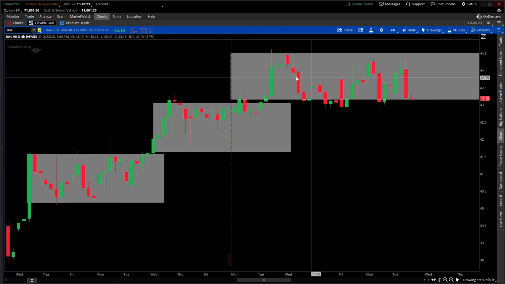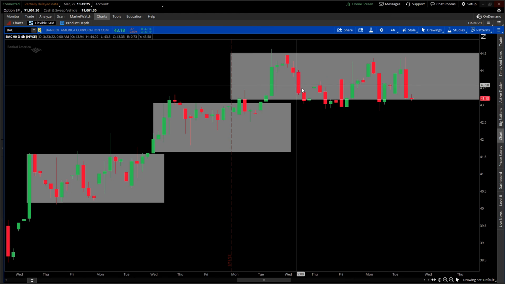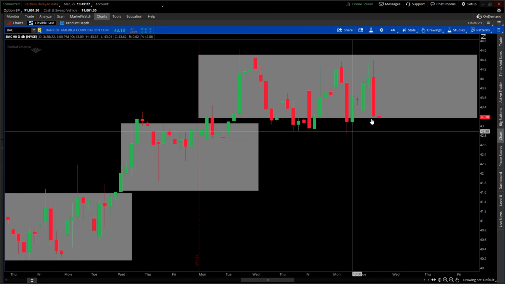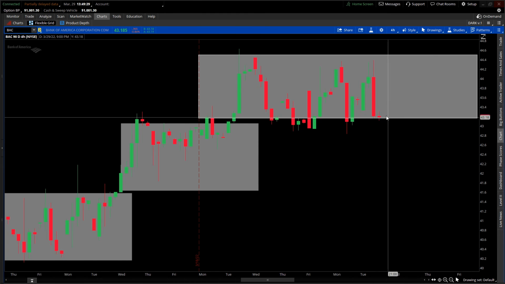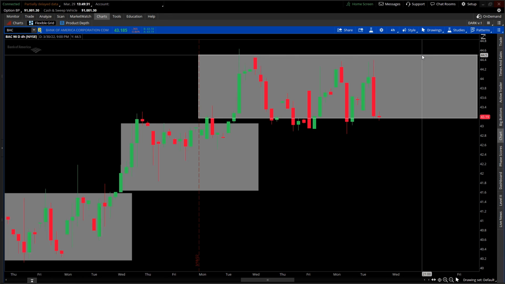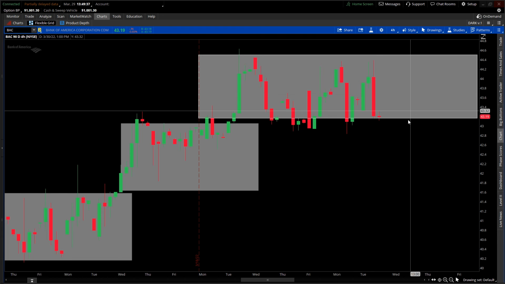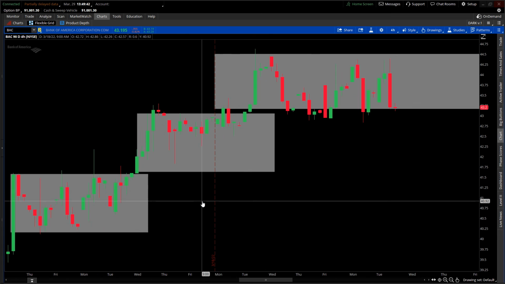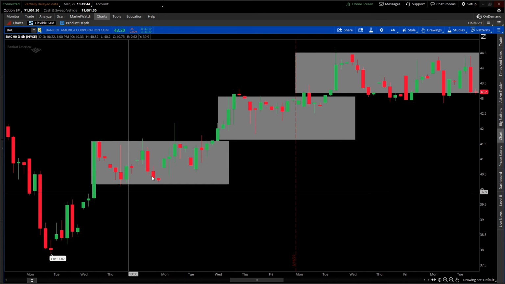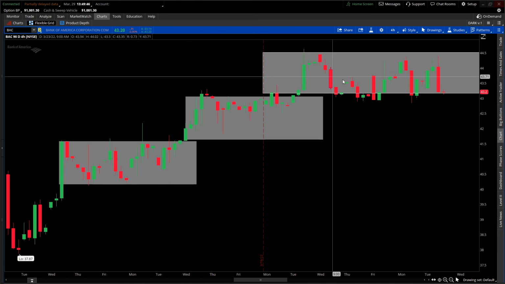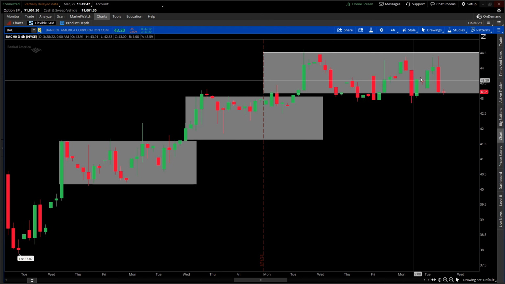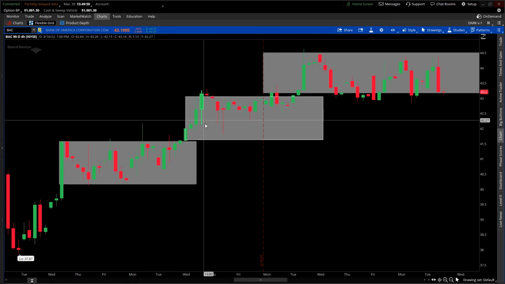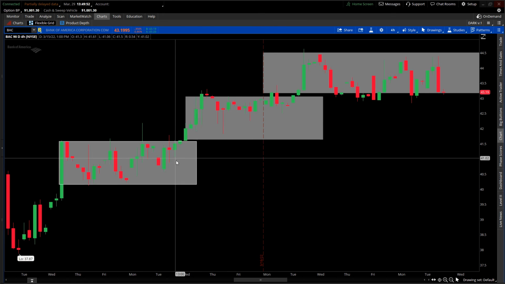Now this area, there is a probability that price could bounce off this bottom range, retest the top at $44.50 and continue higher. But I'm anticipating that the momentum might be running out, because this time frame of consolidation just seems to be longer than these two prior consolidation phases.